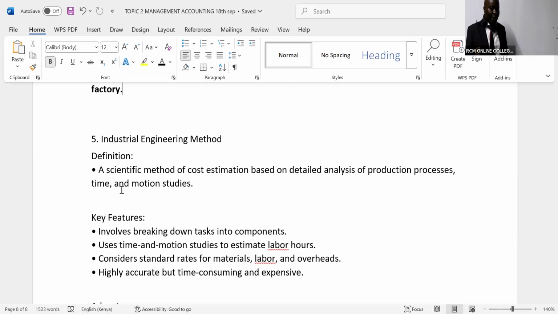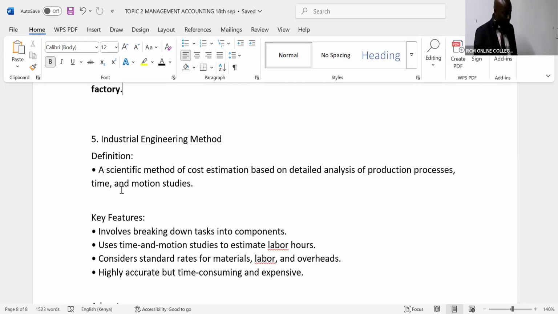So under industrial engineering, from the word engineer, we have to break down. When it's the industrial engineering method, perhaps you know that you want to come up with a vehicle, like a Toyota. So these experts will be able to dress down this vehicle. They'll be able to say, in this vehicle, we need raw materials worth this much. We need labor worth this much. So whenever we talk of the industrial engineering method, it's a scientific method of cost estimation. That's why you need that expert.